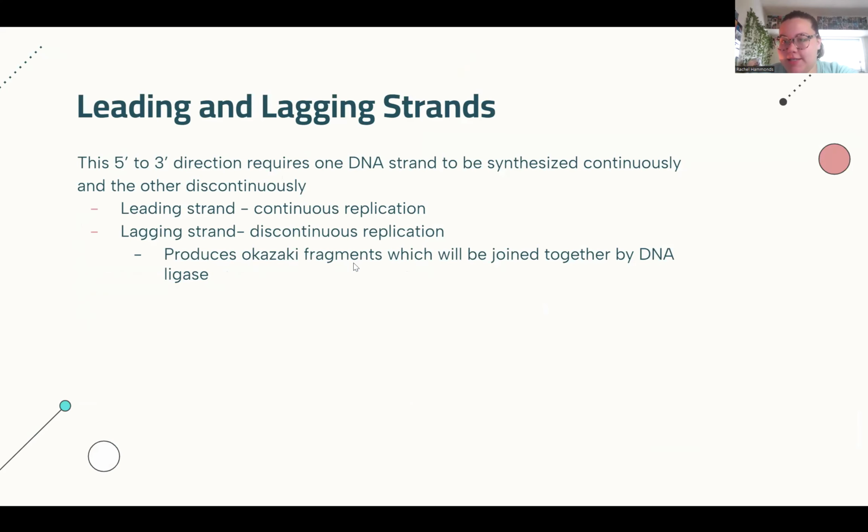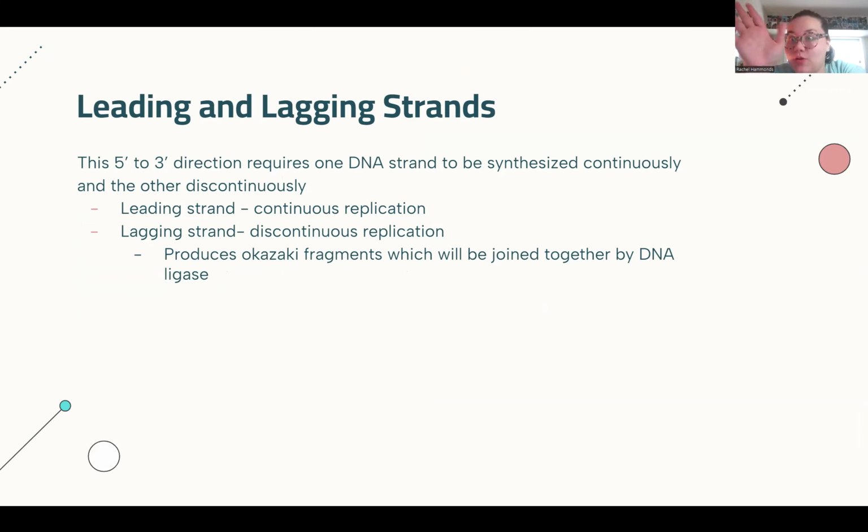Leading and lagging strands. This is also really important as to why DNA is going to be synthesized continuously and the other one is not. This 5' to 3' direction requires one DNA strand to be synthesized continuously and the other to be synthesized discontinuously. So the leading strand, the one that's going 5' to 3' already, is being continuously replicated.